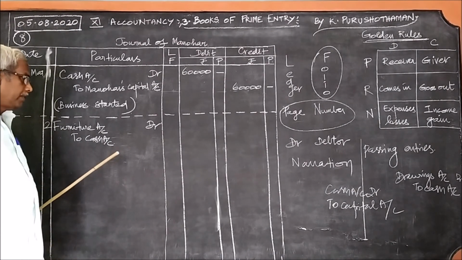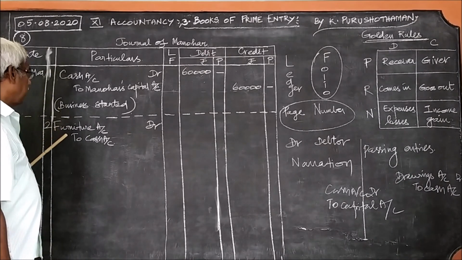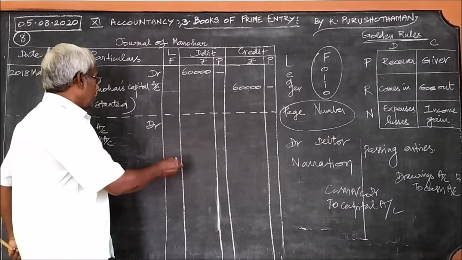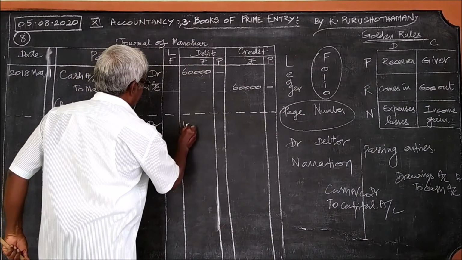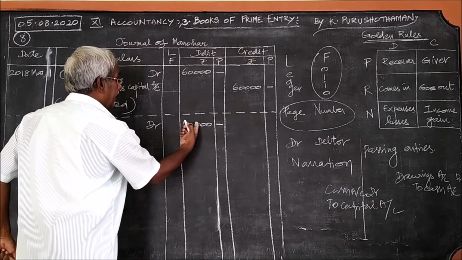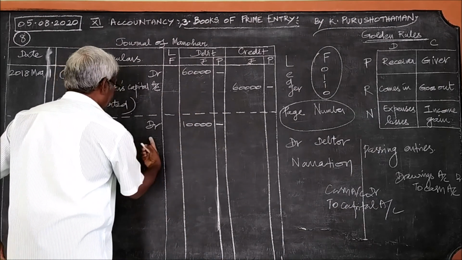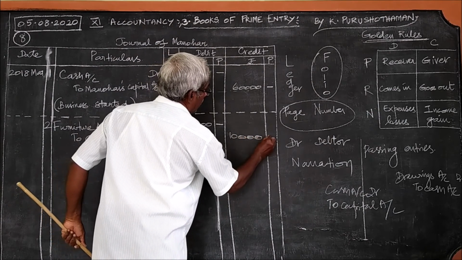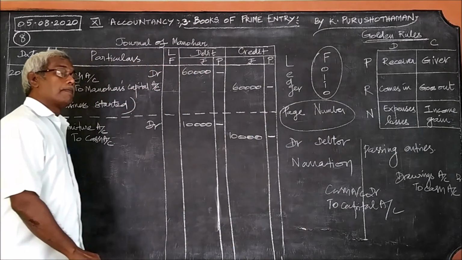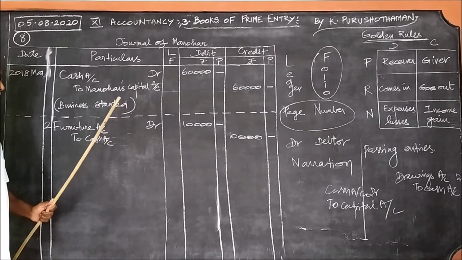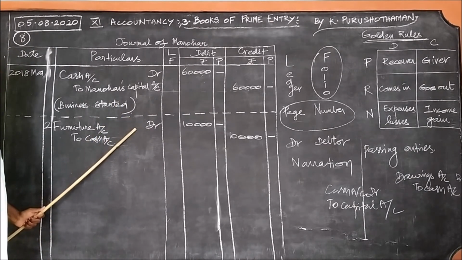Listen very carefully. The date, no problem, you will write. The amount is also, you need not worry. 10,000 is given. You can write 10,000 in the same line, debit column, and for the second line in the credit column. Once again I repeat, when furniture is purchased, what comes in?